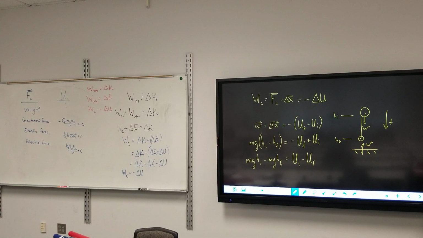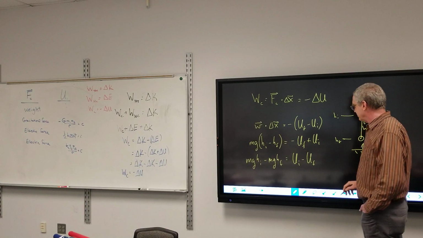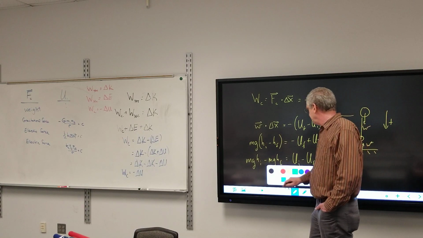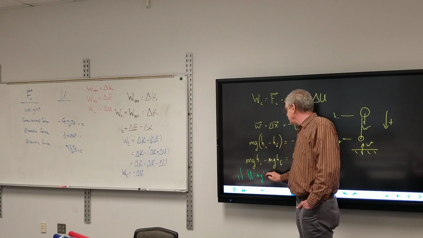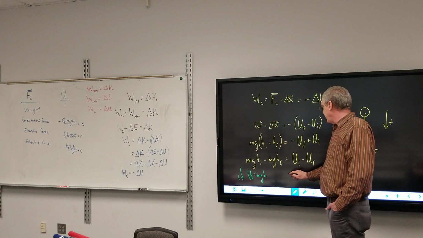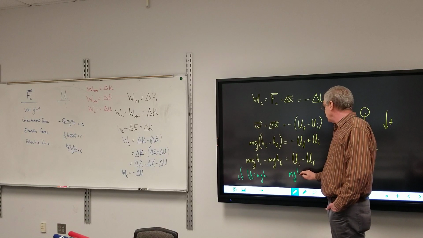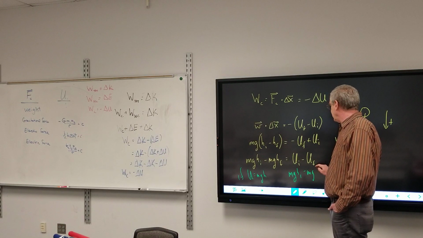So the question is, what is a formula for U that would satisfy this equation? U equals mgh. Yeah, that would work. So if U equals mgh, then U initial minus U final would be mgh initial minus mgh final.